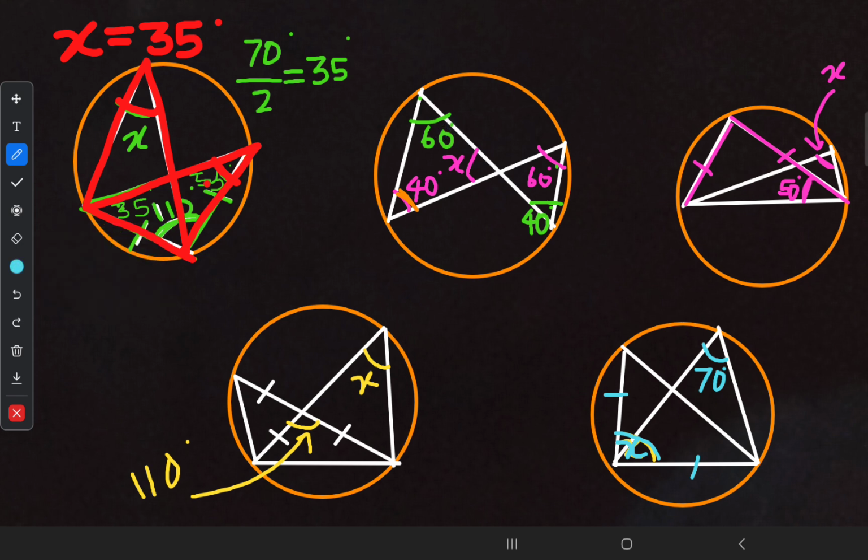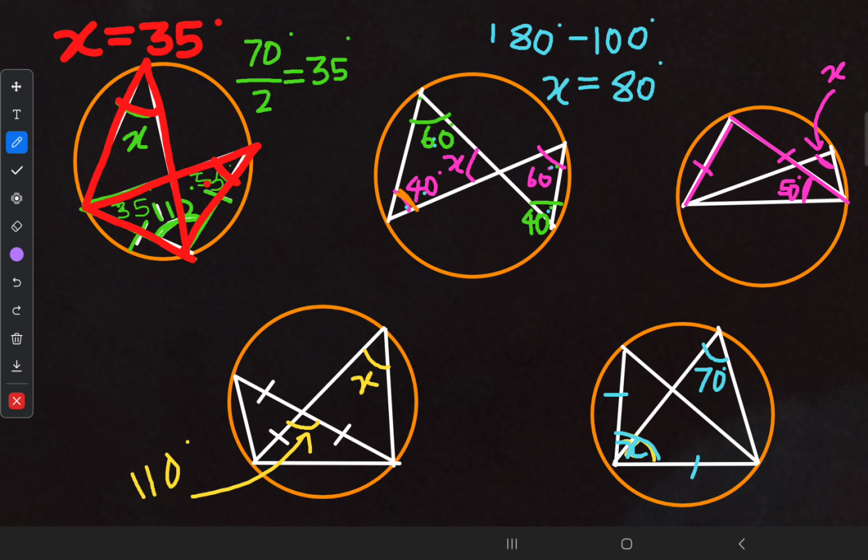From 180, when you subtract 60 plus 40, 180 minus 100, that will give you 80 degrees. 80 would be the magnitude of x in this case. Easy. 40, 40, 60, 60. So interior angle sum 180 minus 100 gives x as 80 degrees.